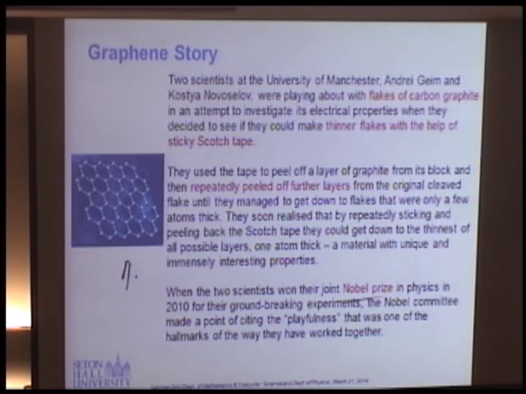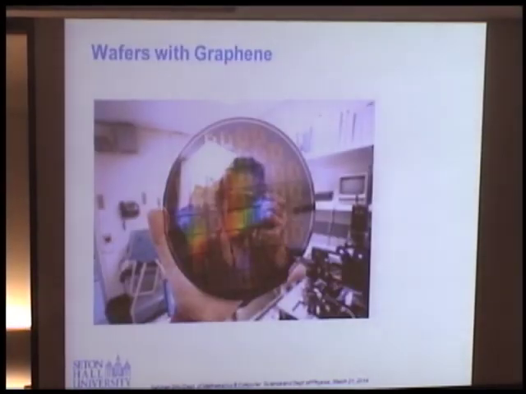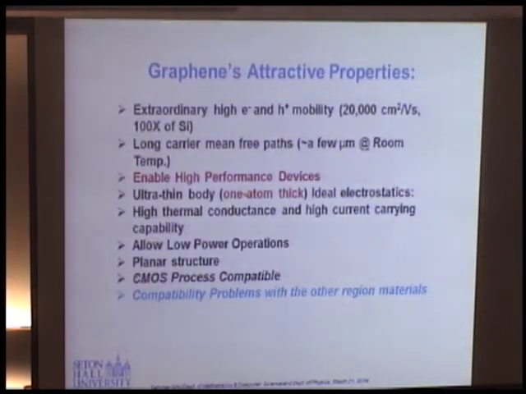Nobody has successfully made a good chip yet, but it's in process, and some of the wafers are from graphene. IBM is working heavily on that. You get high electron mobility, longer carrier lifetime, and it will enable higher performance. You can go as thin as one atom. A one-atom transistor is going to change the world.